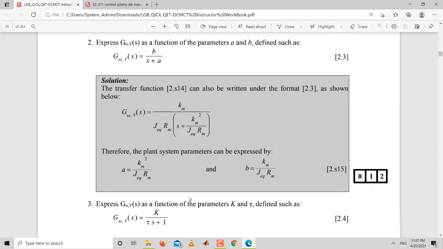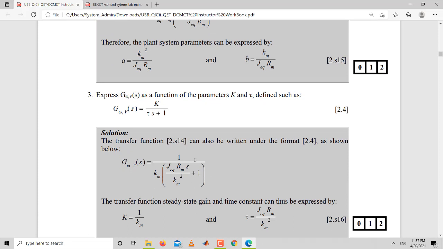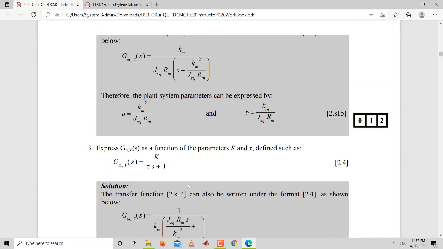The next question says that we have to express the transfer function as a function of capital K and tau. So now the two parameters are changed to K and tau, and you remember that in the last lab we devised this formation, that the motor transfer function is capital K by tau s plus 1, which means that we have to make this quantity equal to 1. We take some values common from the general expression developed here.